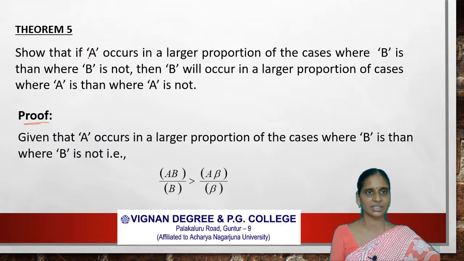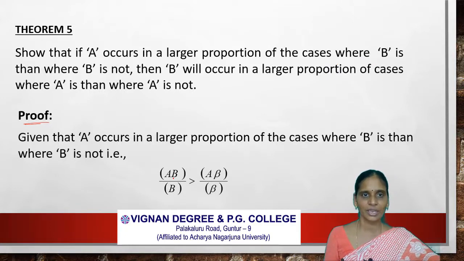So the given condition is A occurs in a larger proportion of the cases where B is. So that means frequency of AB by frequency of B. So this is a larger proportion value, so that is greater than A occurs in a proportion of the cases where B is not.